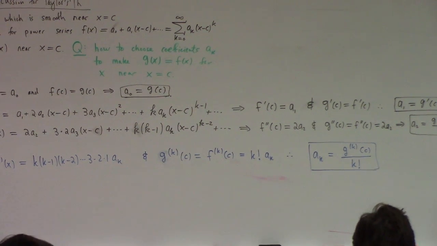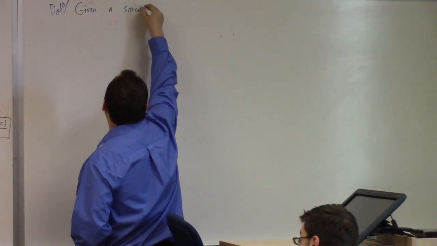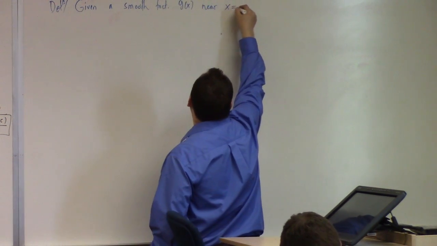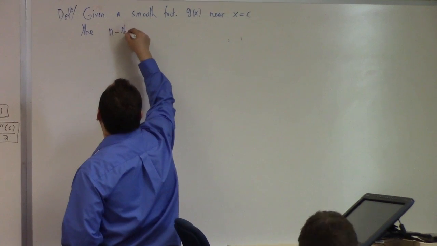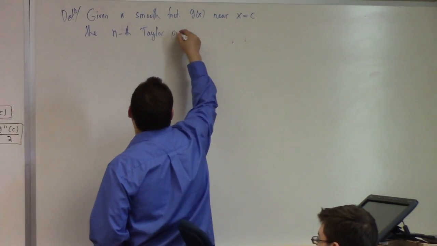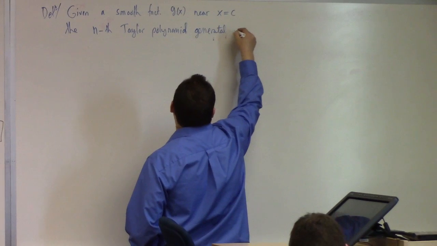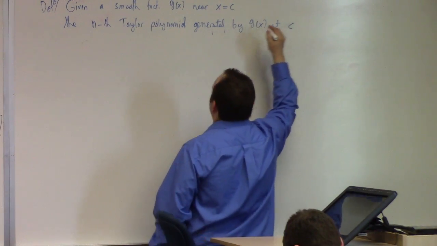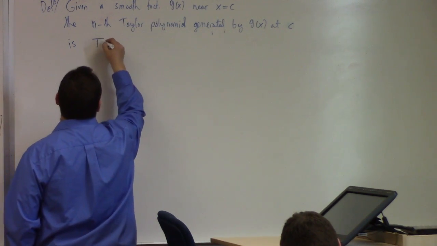Okay, so this motivates the following definition. Given a smooth function, say g of x near x equals c, the nth Taylor polynomial generated by g of x at c is, well, I tend to use T_n of x.